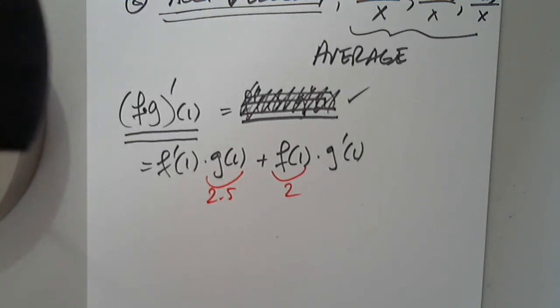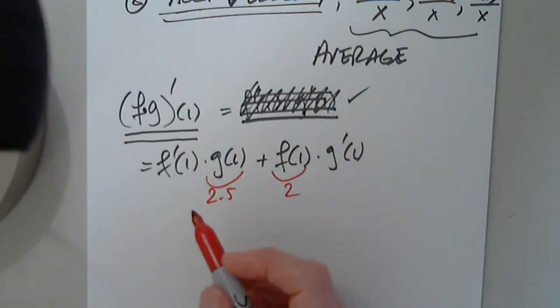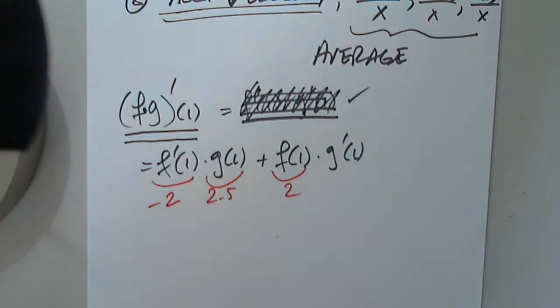At 1, for f, this is the slope at this point, or rather, the tangent. So how do I determine the slope? It's a negative slope. It's rise, which is 4, and run, which is 2. So negative 4 over 2 is negative 2. So f prime of 1 is negative 2.